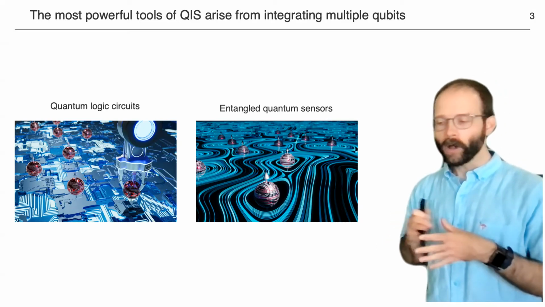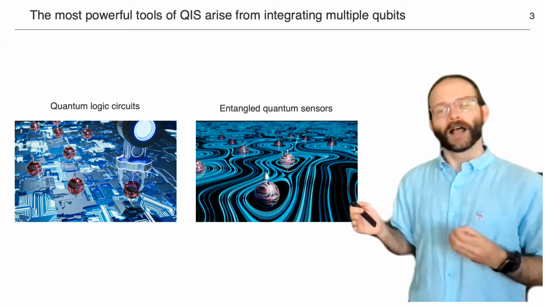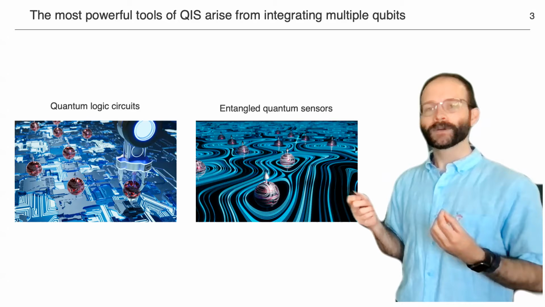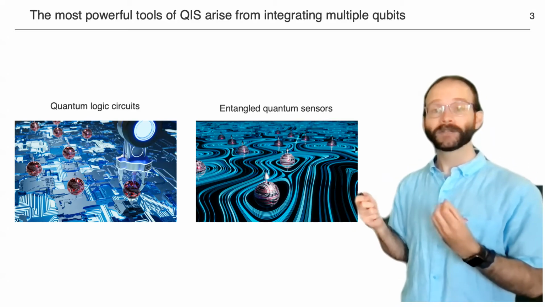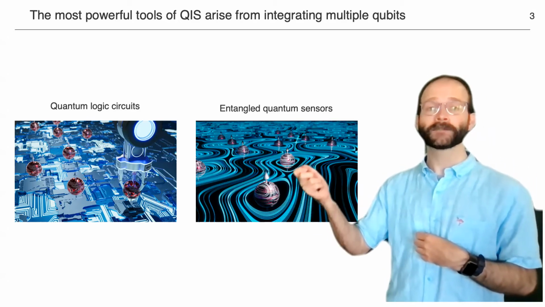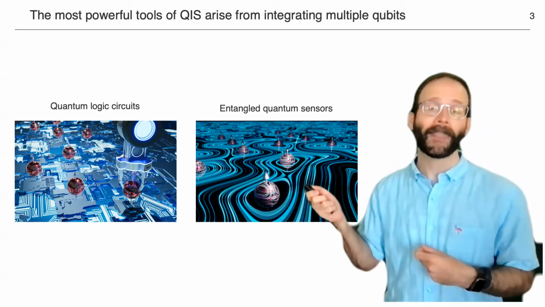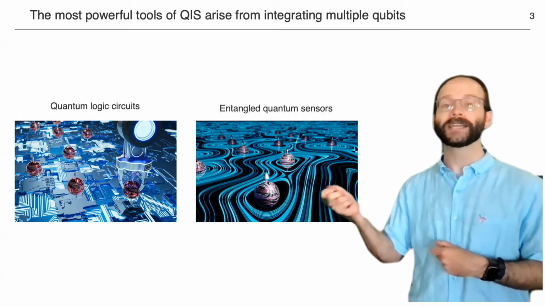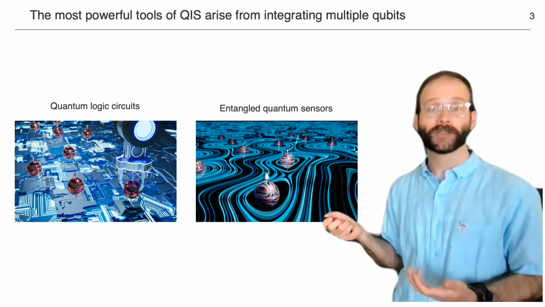And in all of these multi-qubit systems, two key properties need to be managed. We have to be able to manipulate each of these quantum elements independently, and we need to control the way in which these quantum elements interact with each other.